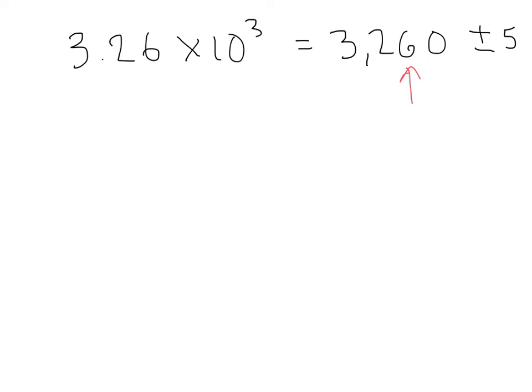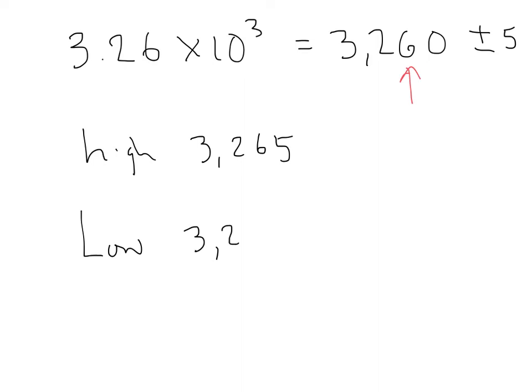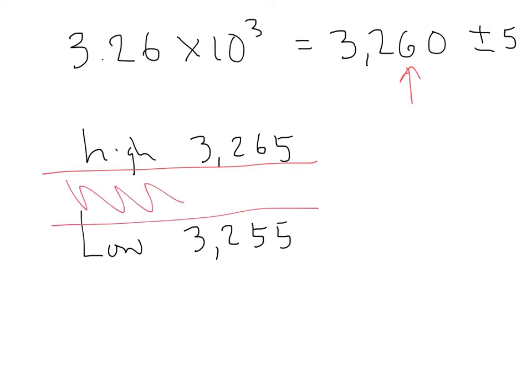So what that's saying is that the high could be 3,265 or 3,264.99 repeating, and the low could be 3,255. Somewhere in there, somewhere in this range, is the actual answer if it was exact and measured properly.